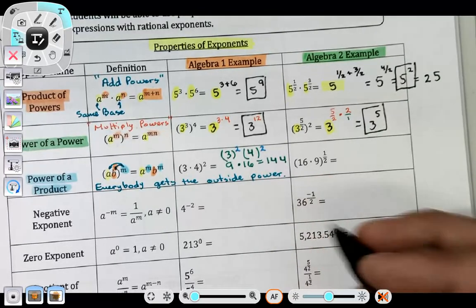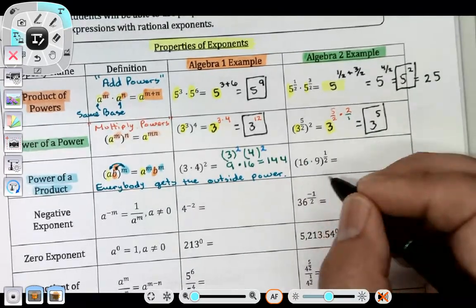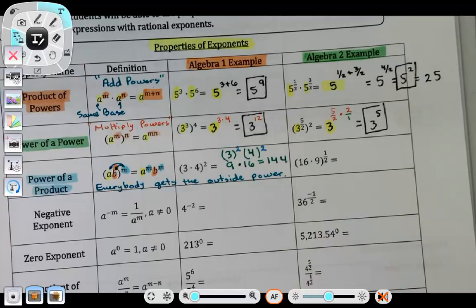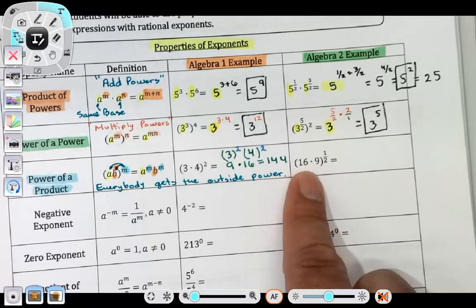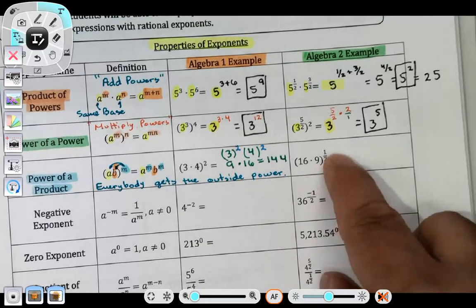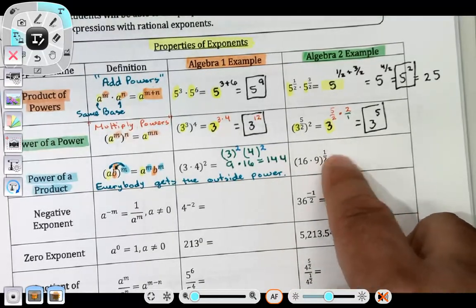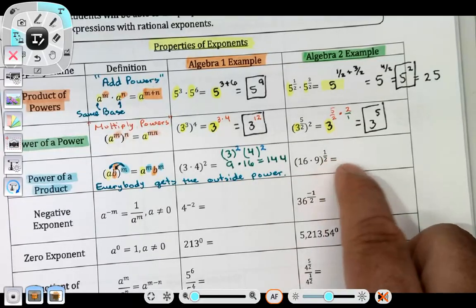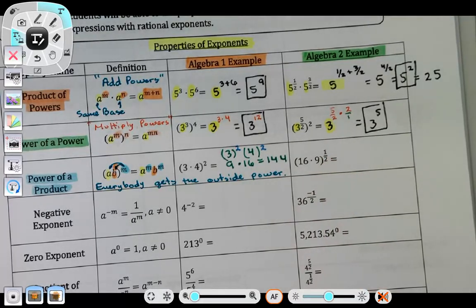Now, again, I could multiply the 16 times the 9. I could do that. But I know the number 16 is a perfect square. I know the number 9 is a perfect square. And why am I bringing that up? Because when I see this, power of a fraction, it means it should officially be a radical.